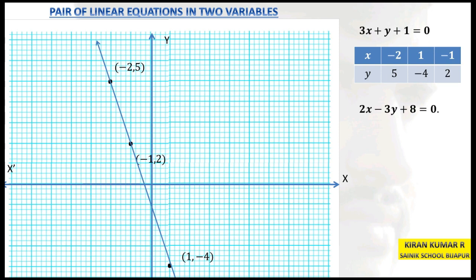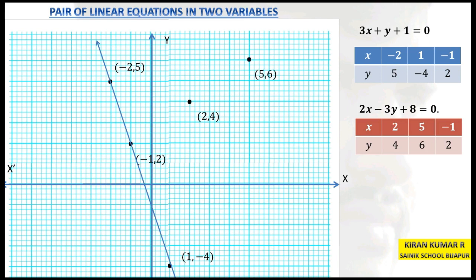Now let us take the second equation, 2x minus 3y plus 8 equal to 0. The tabular column, I'll take it. Now I'll plot the coordinates 2 comma 4, it's in the first quadrant. 5 comma 6, again it is in the first quadrant. Minus 1 comma 2, which is there already in the previous line.